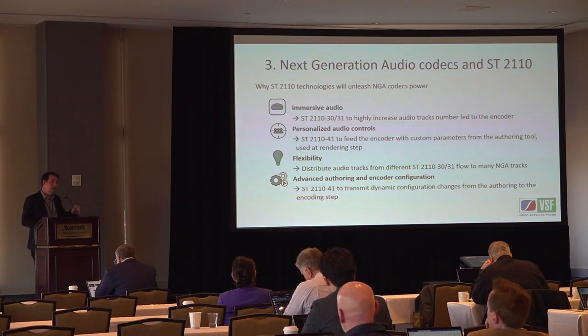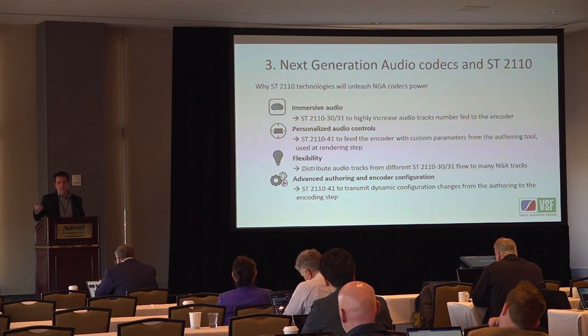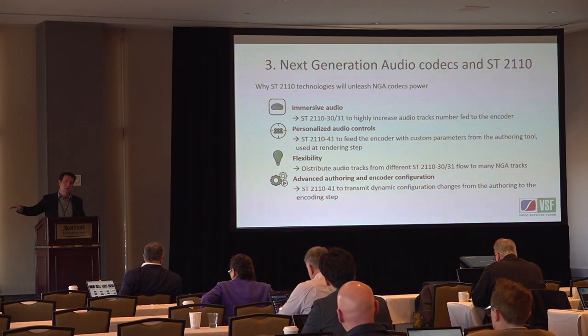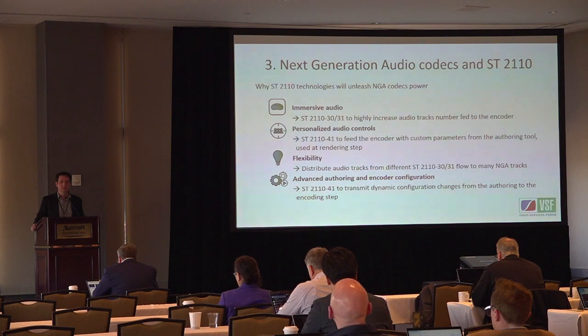Now, for the actual dynamic aspect I mentioned, there is the upcoming standard 2110-41 that allows you to feed dynamic metadata to, well, anything in the production environment, but in our case specifically the encoder, to feed it custom parameters that are generated dynamically by the authoring tool, and that can then be de-encapsulated and fed to the encoder to make dynamic decisions that will then be transmitted down the distribution path down to the end user decoder and renderer.